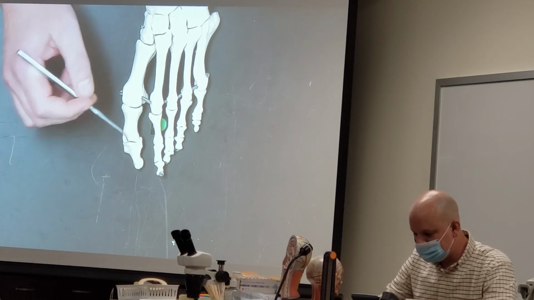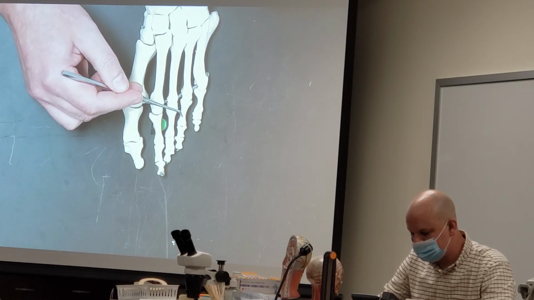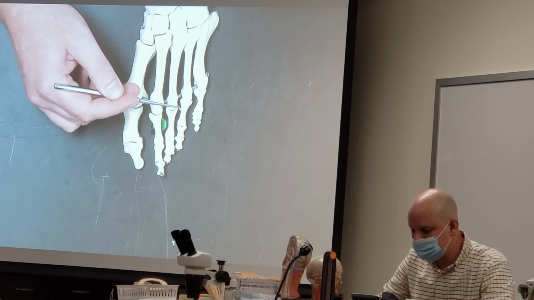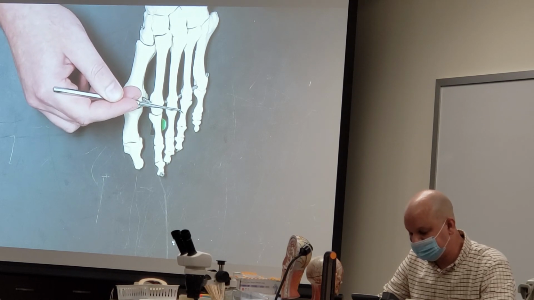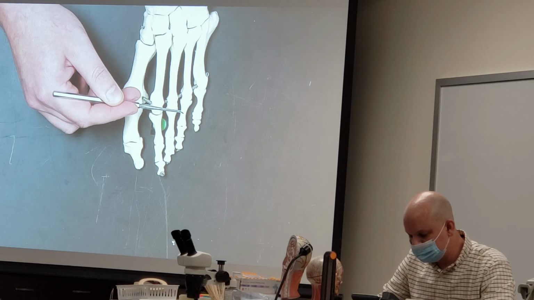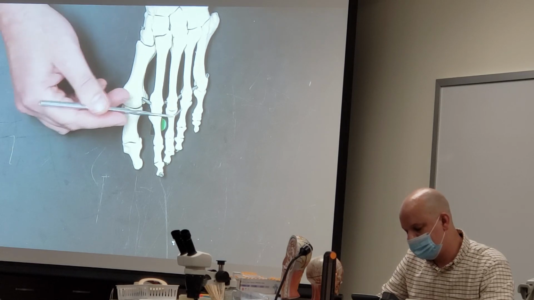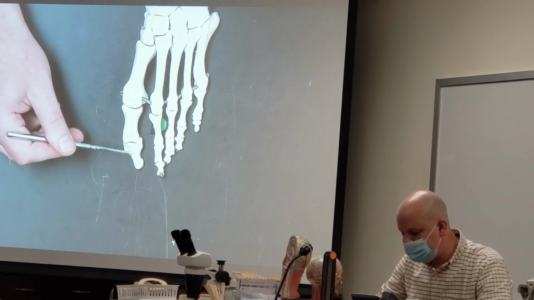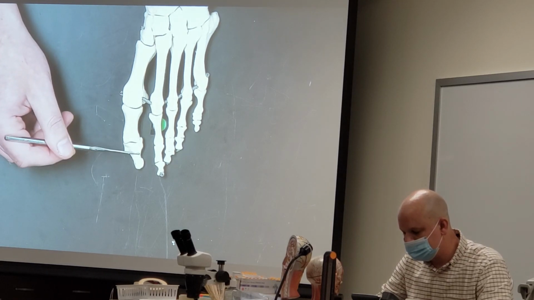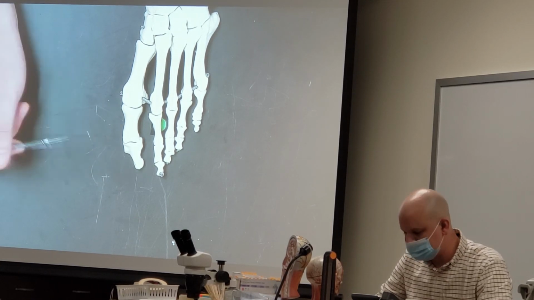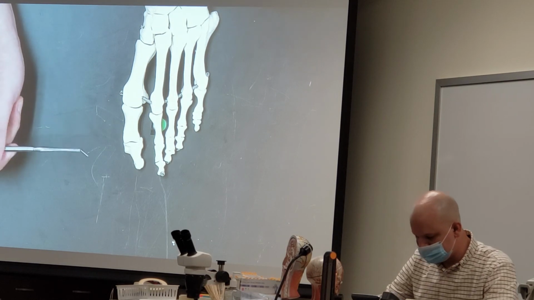So if I put a tag here, how would you document that? Proximal phalanx of the 4th digit. This would be the distal phalanx of the 1st digit.